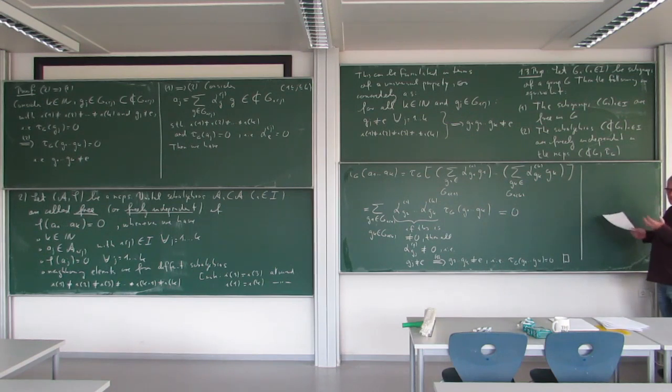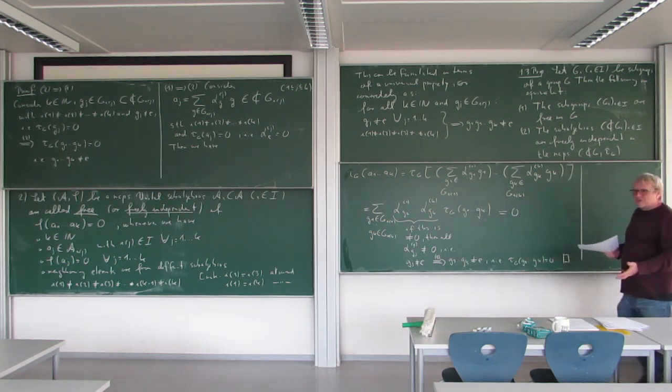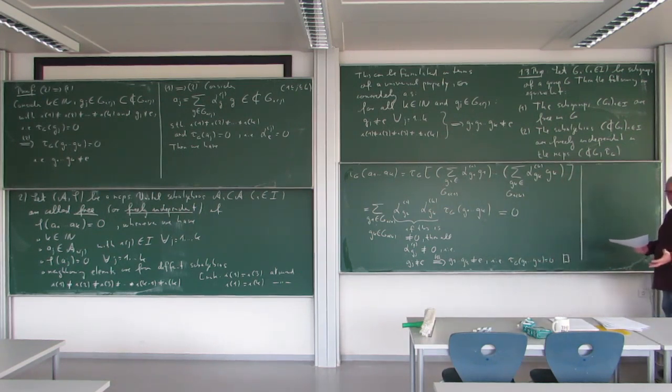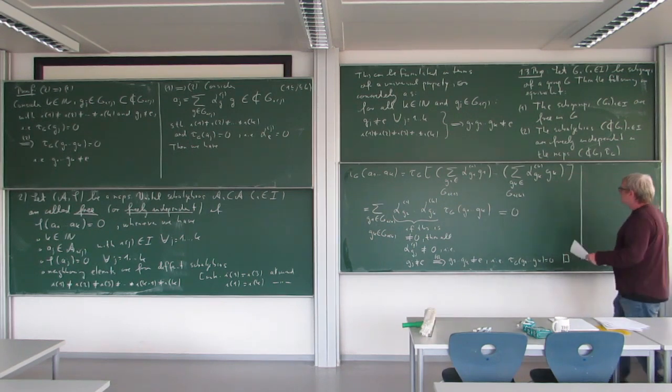Because for infinite sums, you have to deal with the question of convergence. For finite sums, it's clear what it means to be zero. But for infinite sums, you might have a convergence to zero in different ways. So you have to encode this in a state, in a linear function, which has the right continuity property, so that you can still deal with it.